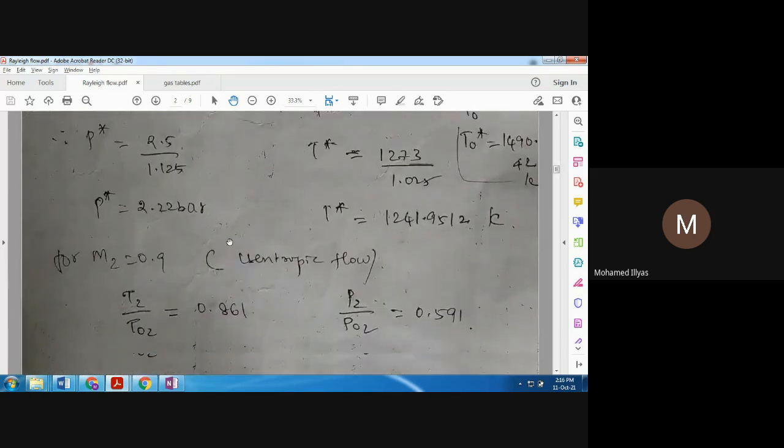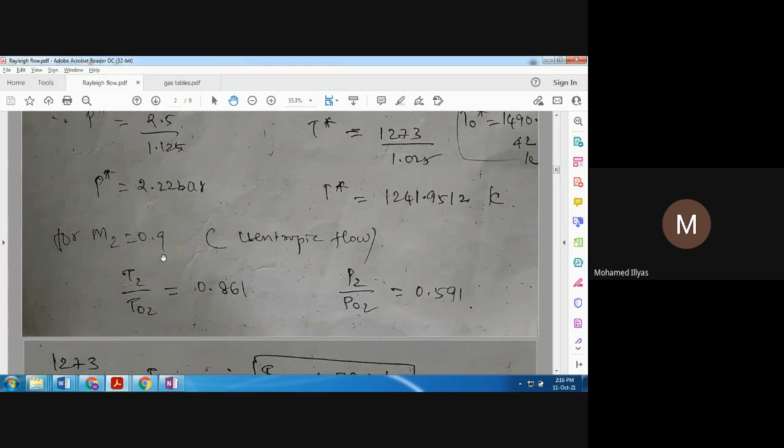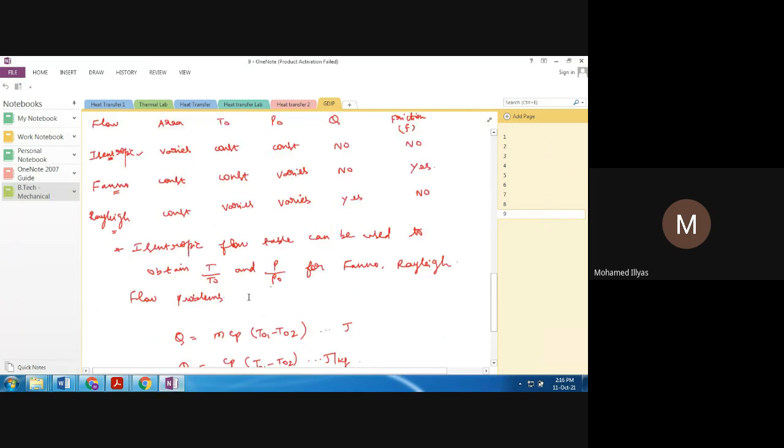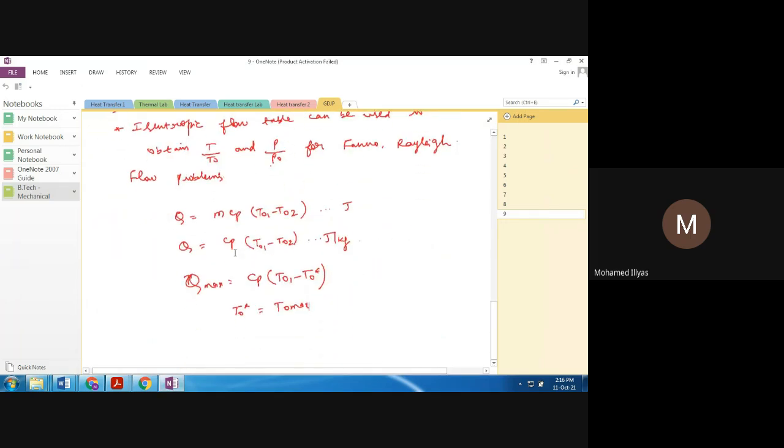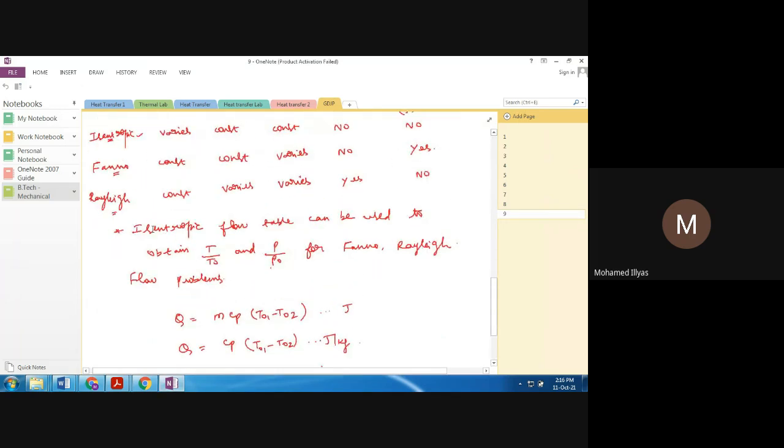Now also we have seen that for our Rayleigh flow and Fano flow, we can use gas tables. We can use the isentropic table. This isentropic flow table can be used to obtain T by T naught and P by P naught for Fano flow and Rayleigh flow problems.